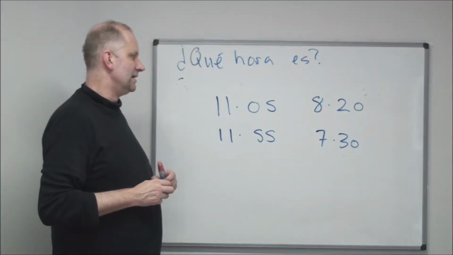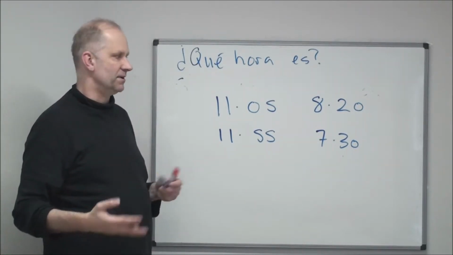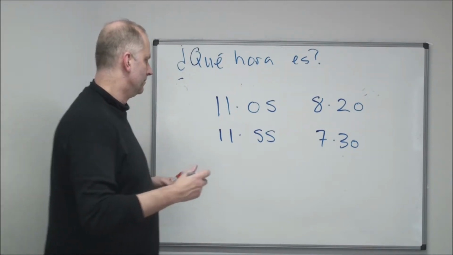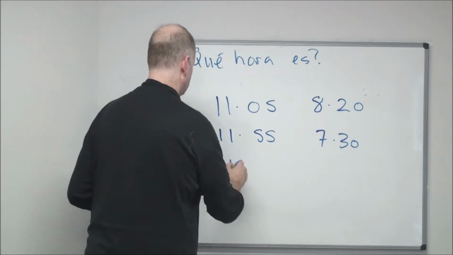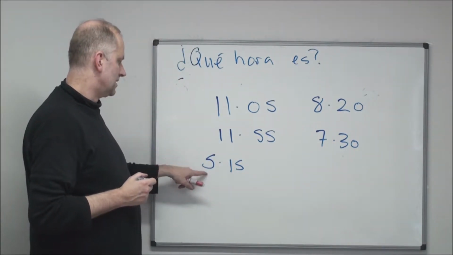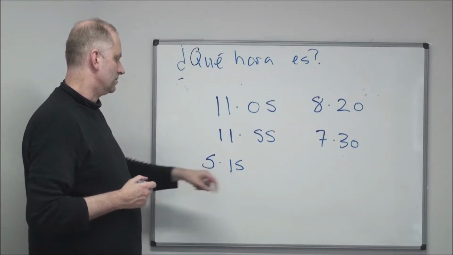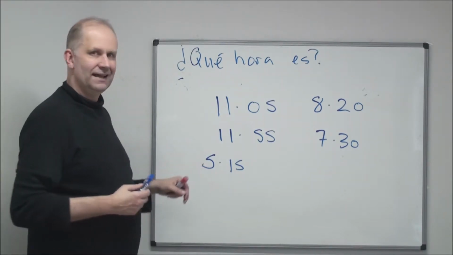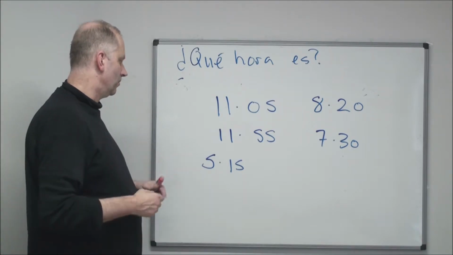You could also say it another way, but I think it's better to say y media. ¿Qué hora es? Son las 5:15. Equally, you could also say it the other way. So 5:15 or 5:15.